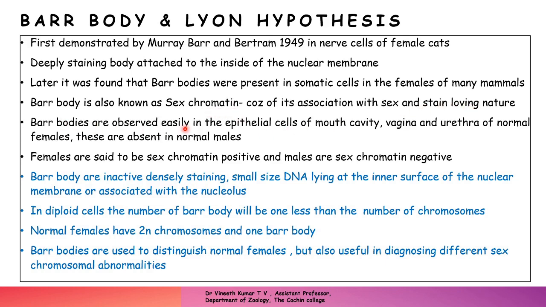Barr bodies are observed easily in the epithelial cells of the mouth cavity, the vagina, and the urethra of normal females, and are absent in normal males.